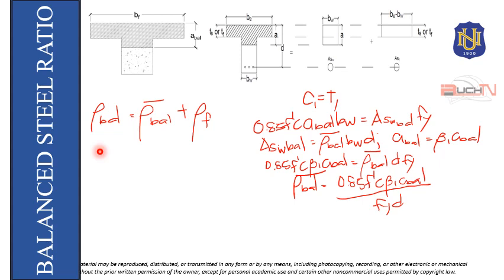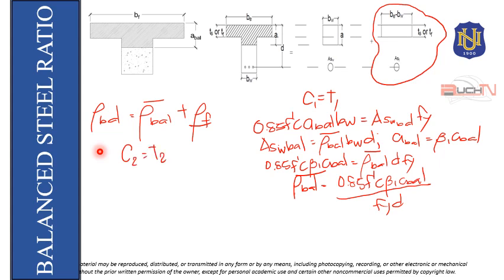Ngayon, yung rho_f na tinutukoy dito is for the flange. So, meaning, ang gagamitin nating diagram is itong diagram na to. So, para malaman natin yung rho_f na yun, that is just C2 is equal to T2.